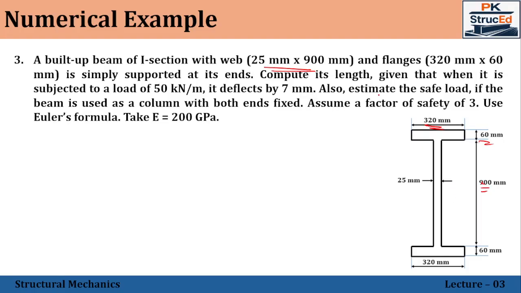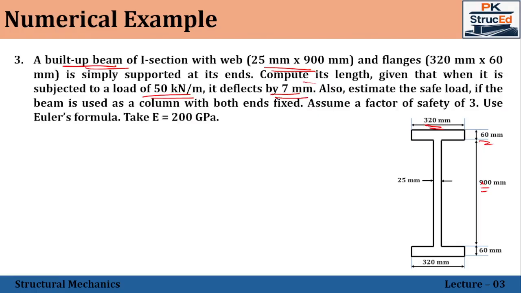It is simply supported at the ends. It's a beam, first of all. It's a built-up beam of I cross section, which is subjected to a UDL of 50 kilonewton per meter. And due to this loading, the beam deflects by 7 mm. We are asked to compute the length of the beam.